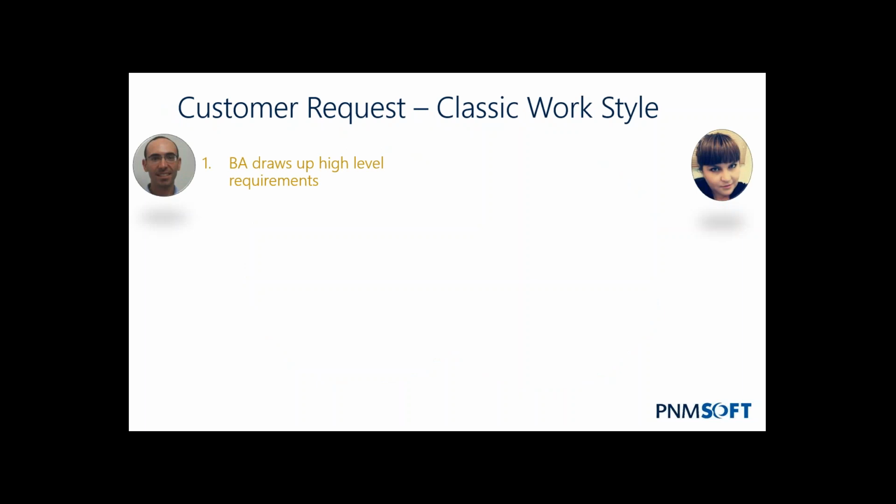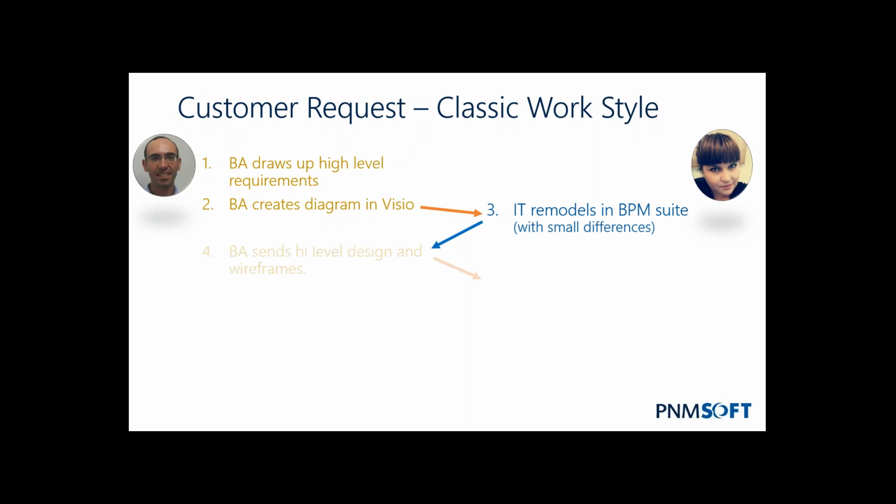The business analyst might draft a high-level requirement document, maybe design a BPM application in Visio, and send that over by email to the IT person, who then would remodel that in a BPM suite, with maybe small differences, just because the modeling interface isn't exactly the same. They send maybe a screenshot of that back to the business person, who then creates a high-level design and wireframes, and sends that by email to the IT person, who then begins to build the application. There's maybe a phone call here or there in the middle.